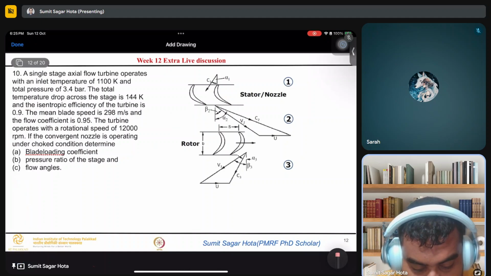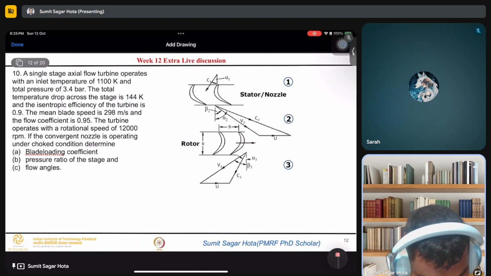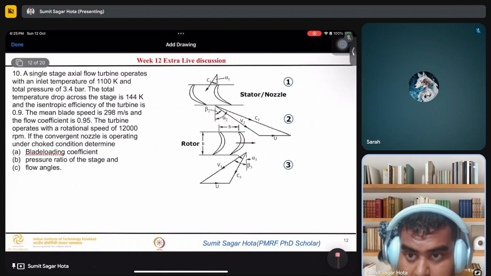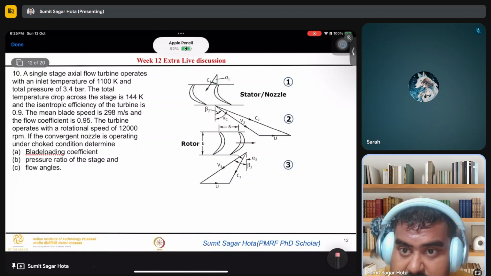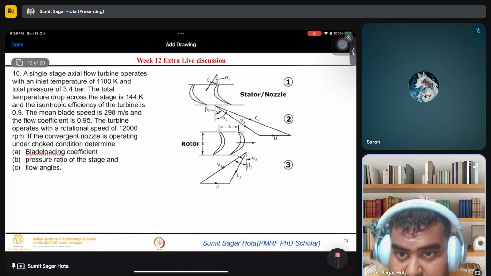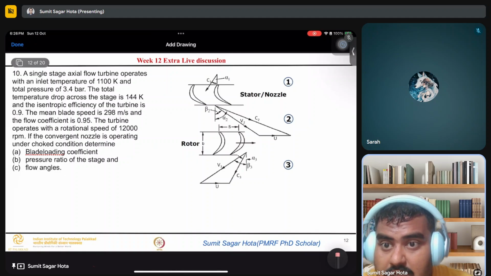So this is the question taken from lecture 12. A single stage axial flow turbine operates with an inlet temperature of 1100 Kelvin and a total pressure of 3.4 bar.